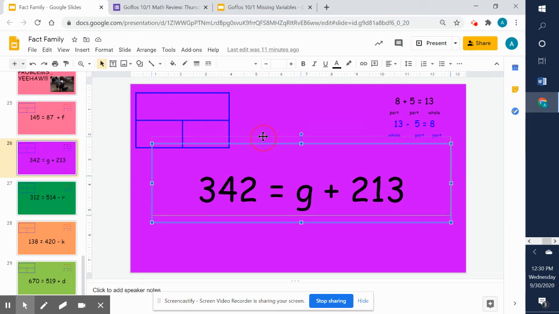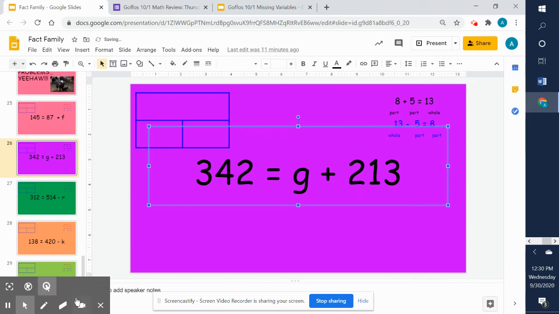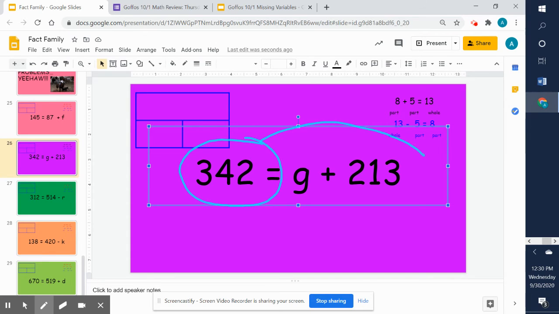So I need to lasso it and move it to the other side. So I'm going to do that first. That was my very first step. So I'm going to circle and lasso it to the other side. Again, the order does not change. You just copy it down exactly the same. So g plus 213 equals 342.